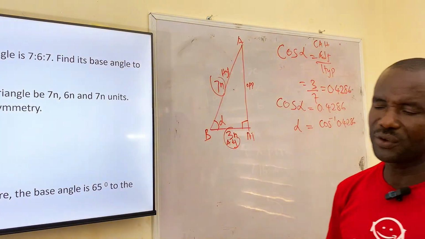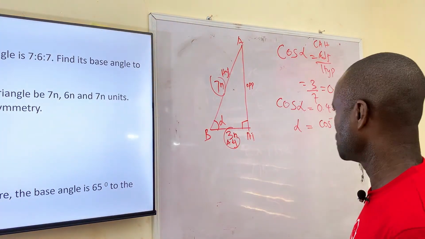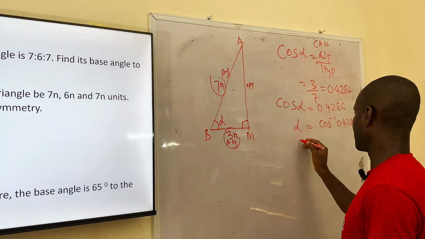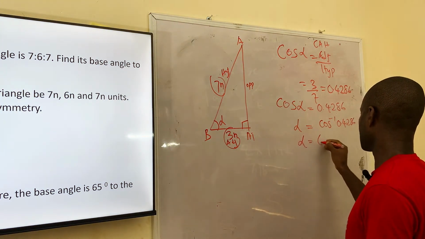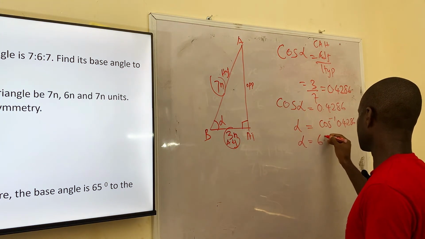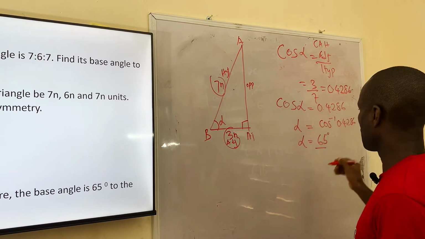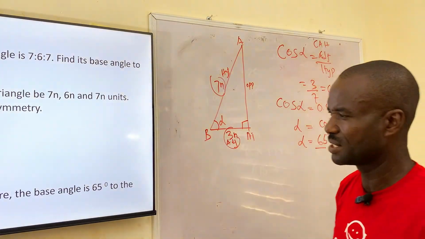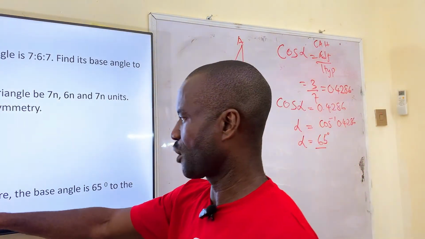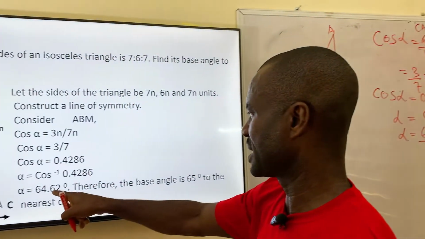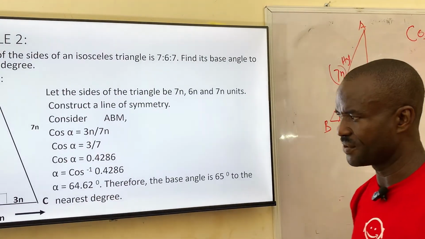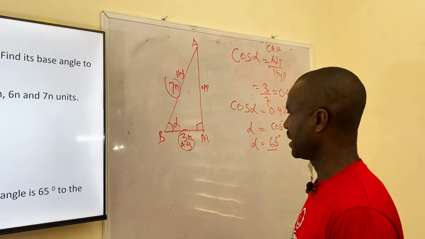If you use your 4-figure table to the nearest degree, alpha will give you 64.6, if you approximate, you get 65 degrees, which is the angle alpha.